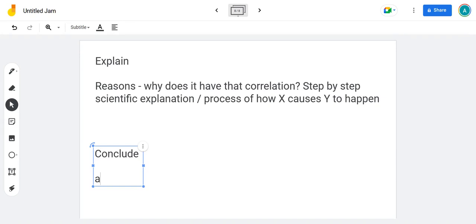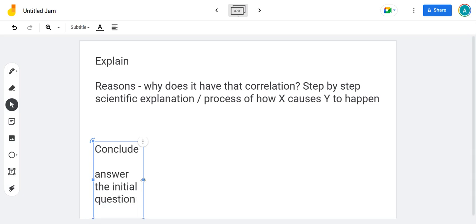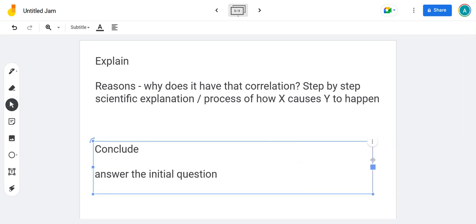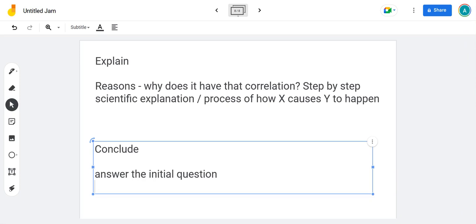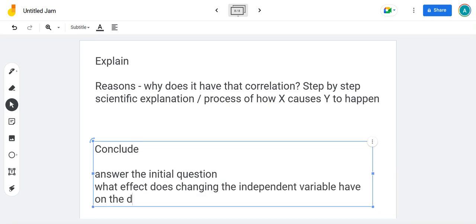So answer the initial question, which always is going to be, what effect does changing the independent variable have on the dependent variable?